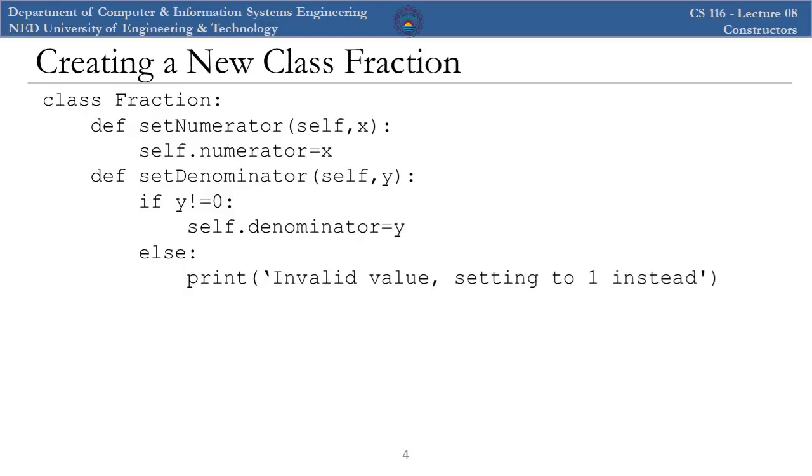Otherwise, I'll display this message, invalid value, setting to 1 instead. And after this, I'll set this instance variable to a default value of 1. So that means if the user passes a value other than 0, then that's fine. And if it's a 0, then denominator will be set to 1 automatically, right?